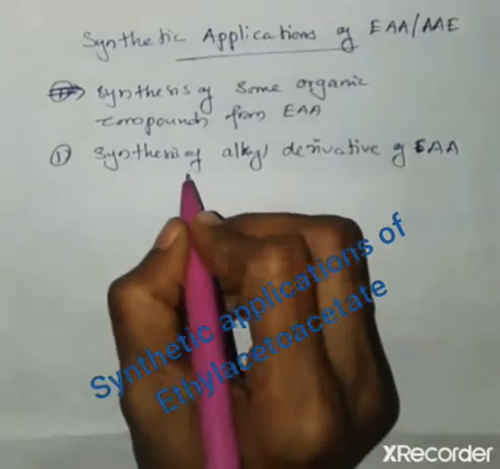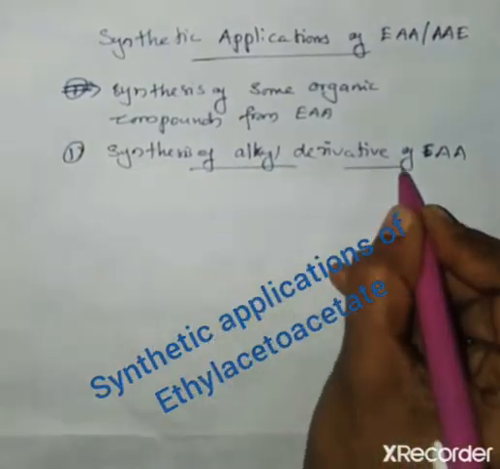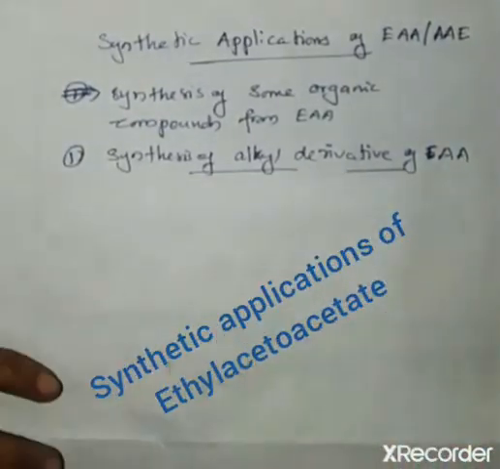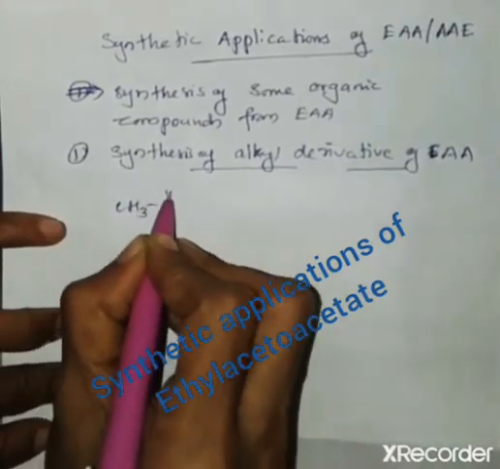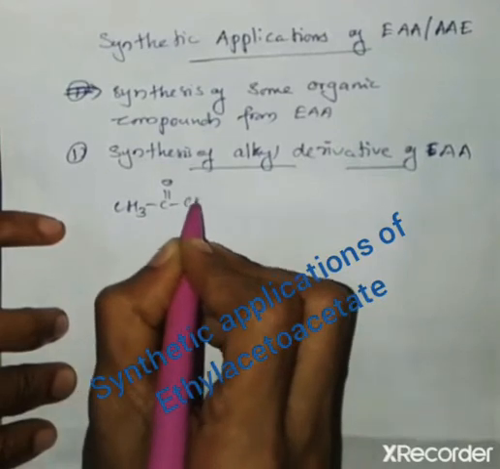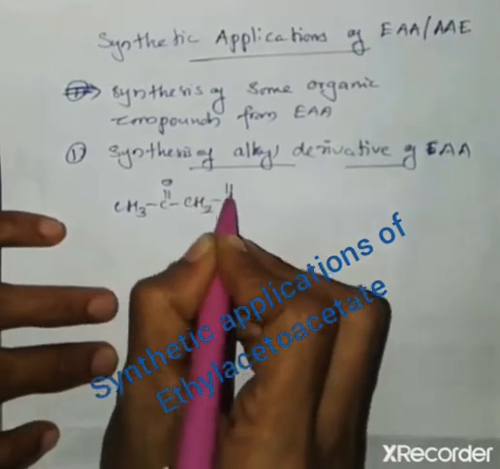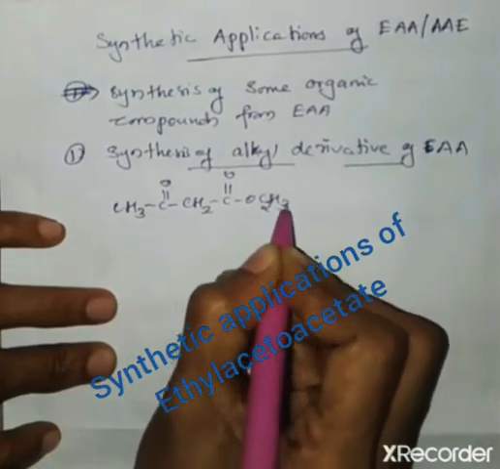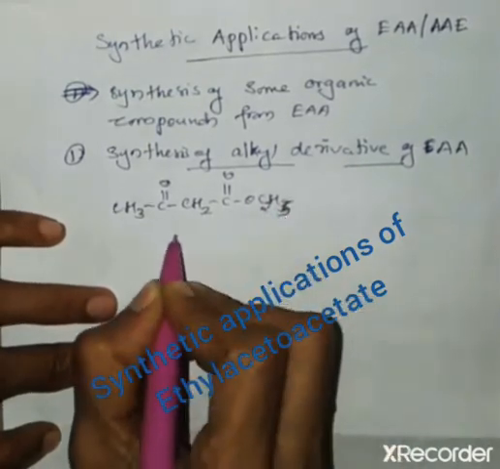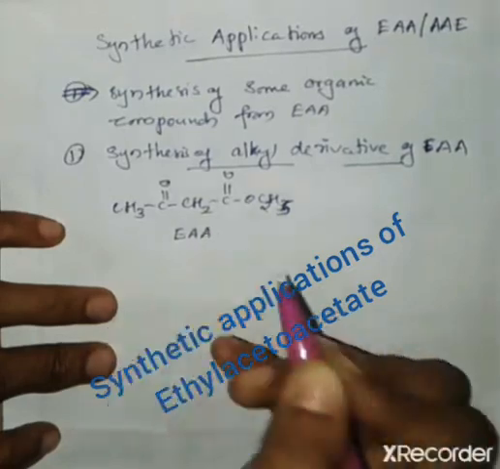First, the synthesis of alkyl derivatives of ethyl acetate. You know that this is CH3 C double bond O, CH2 C double bond O, OC2H5. This is ethyl acetate.